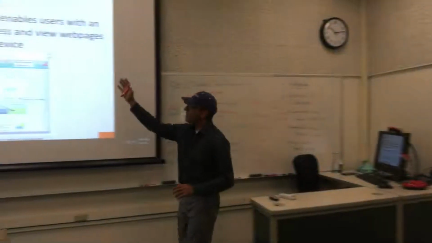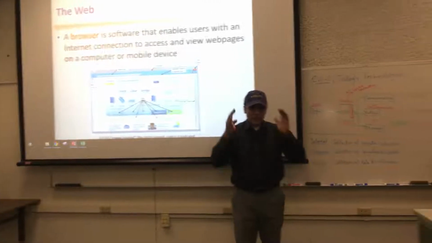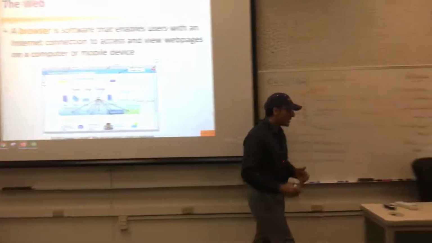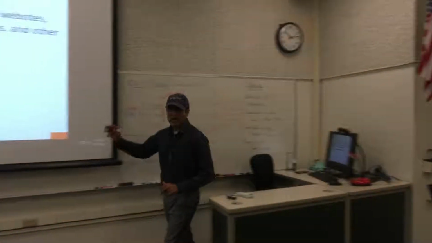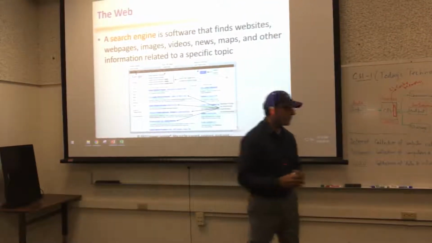We already talked about how a browser is software so you can browse through. Browse just like you're browsing in a mall, in a store. That's what you're doing. You're browsing inside a web page. A search engine allows you to search things. We already talked about it. Here are some search engine examples.